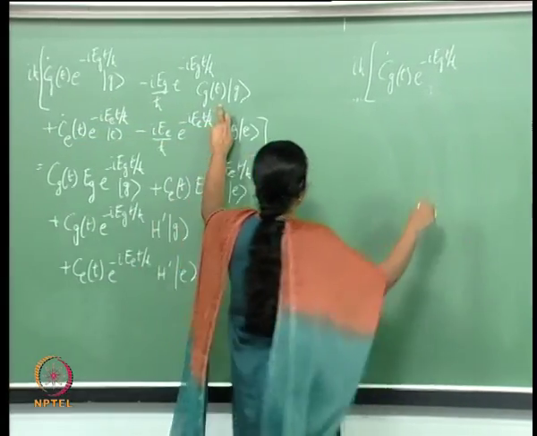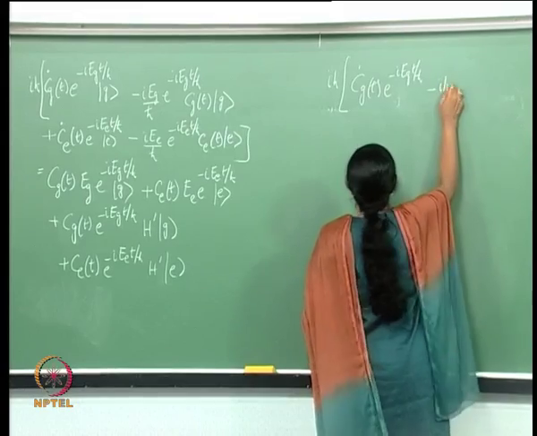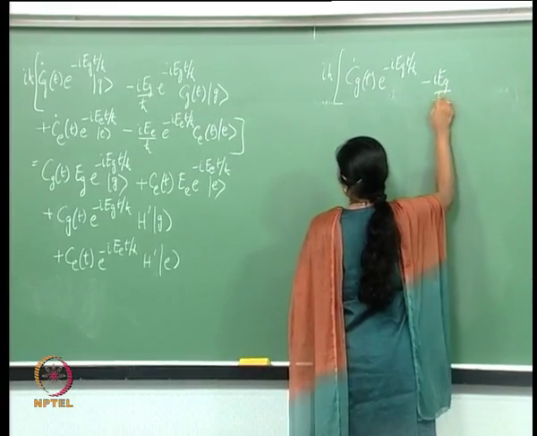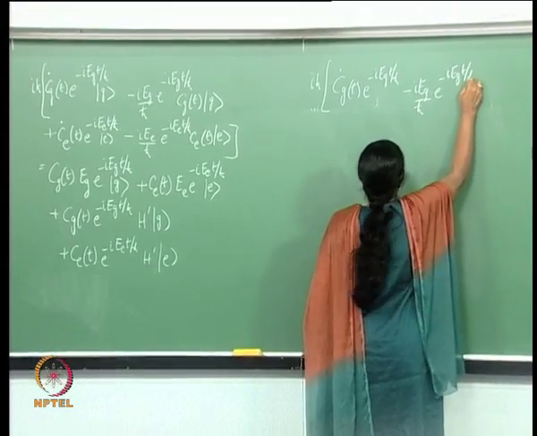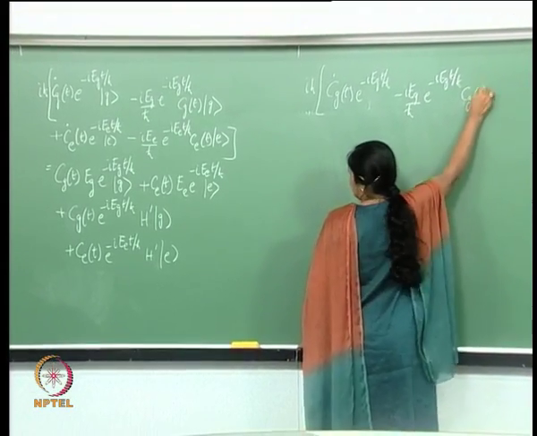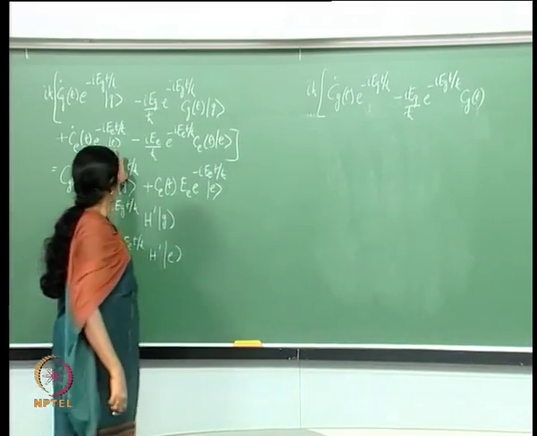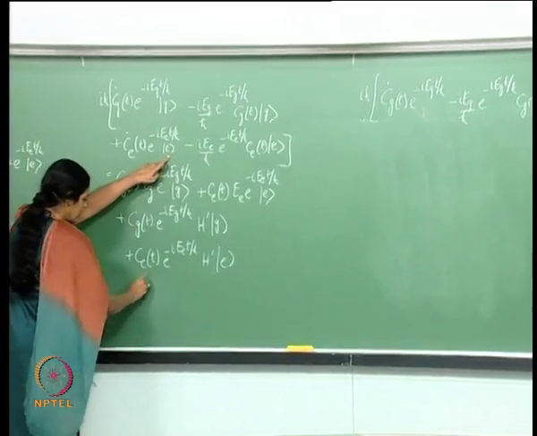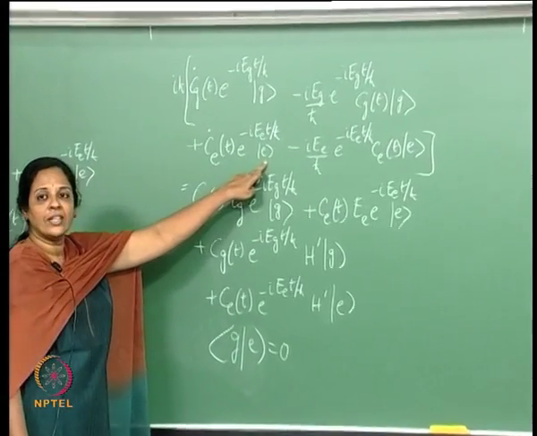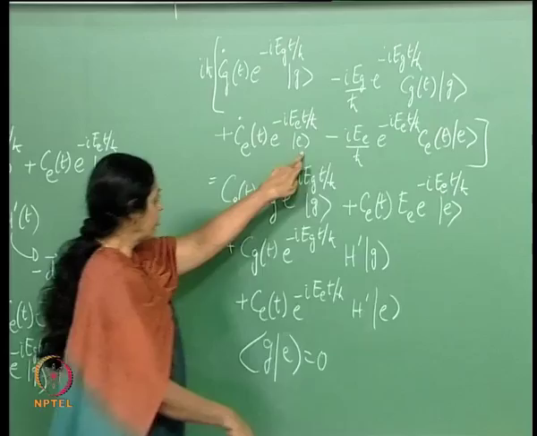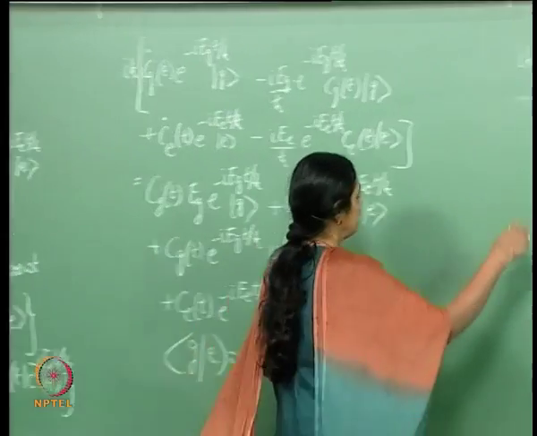Similarly, this term also survives. But these two terms disappear because ket g and ket e are orthogonal states, and therefore these two terms do not contribute.